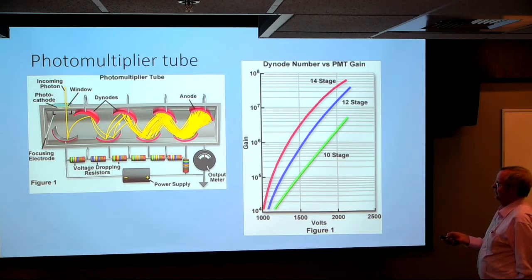This keeps on going for as many as, I think we had 11 stage tubes. By the end, you have enough electrons to collect them on a capacitor, measure a voltage, and come up with a measure of the energy input. So if you have a higher energy gamma ray, you get more UV photons and a bigger voltage pulse. This is how you're making the measurements. You apply high voltage up to 2,000 volts and get a million amplification.